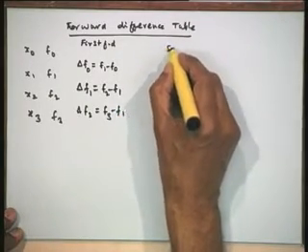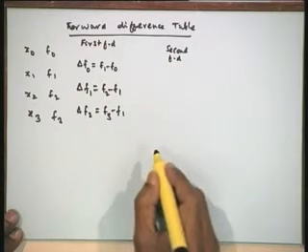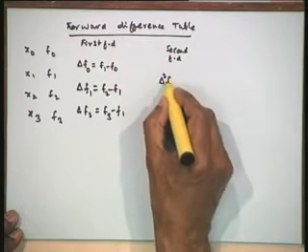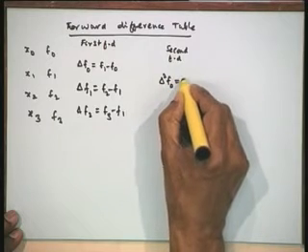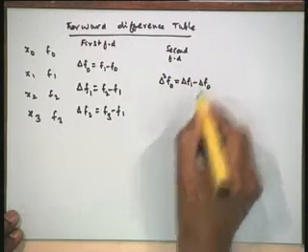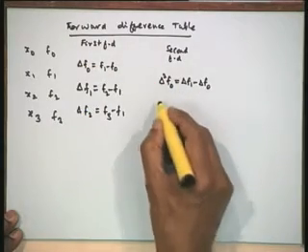Now, I will write down here my second forward difference. So, I will define here delta squared f naught, that is delta f 1 minus delta f 0. This is the second difference.